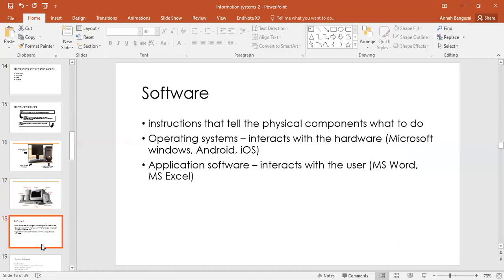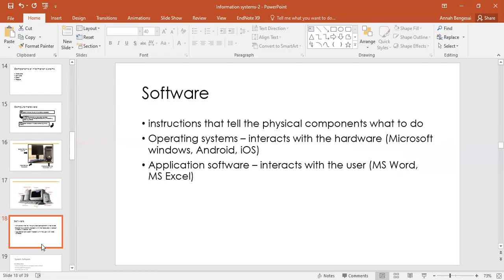Software, these are the instructions that tell the physical components of a computer what to do. For those of you who might want to do programming, that's software, that's what you'll be dealing with. There are two types of software.